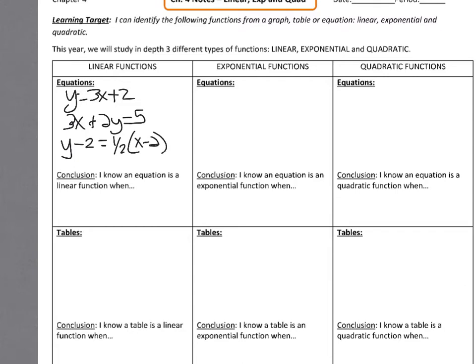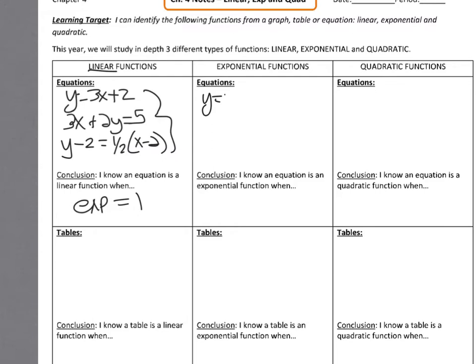All of those are linear. None of them have an exponent greater than 1, and none of them have an x in a denominator. So I know the equation is linear when the highest exponent is 1.